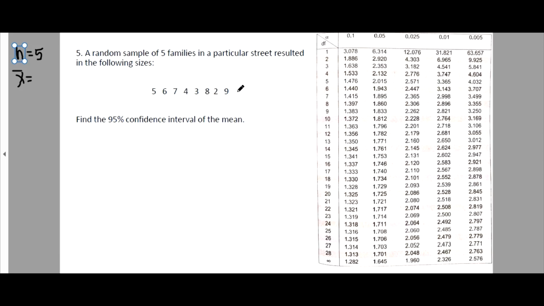Divide this by 8. Okay, so this should be 8. A random sample of 8 families. So our n here is 8. Because there are 8 data, the 8 sizes of a family. So x bar is equal to 5.5.